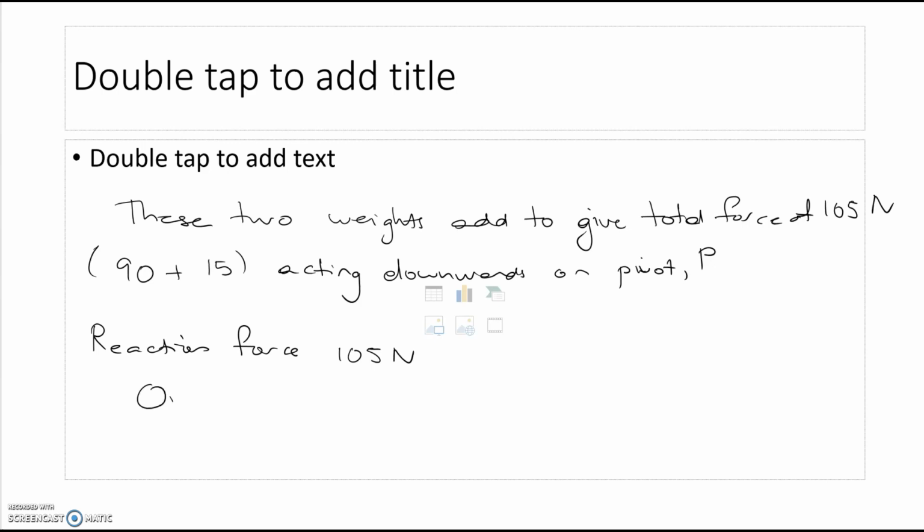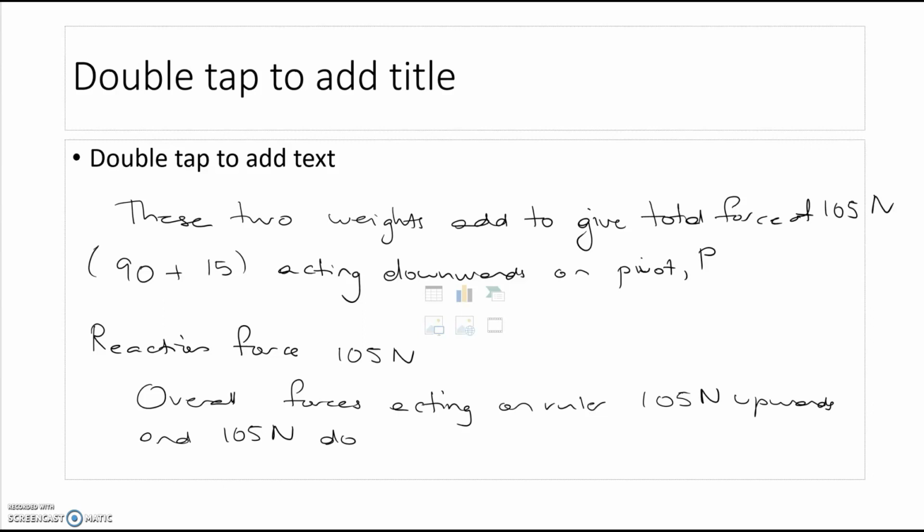So what we've got is overall the forces acting on the ruler are 105 newtons upwards and 105 newtons downwards, because the meter rule is in equilibrium. It's not falling around all over the place.